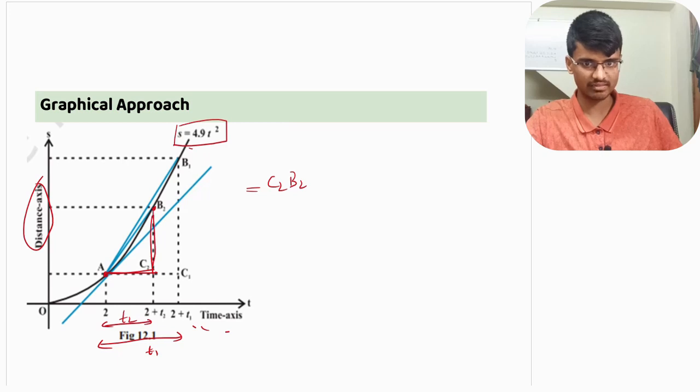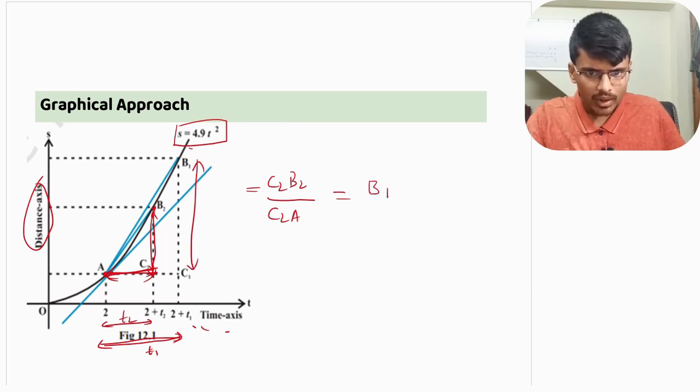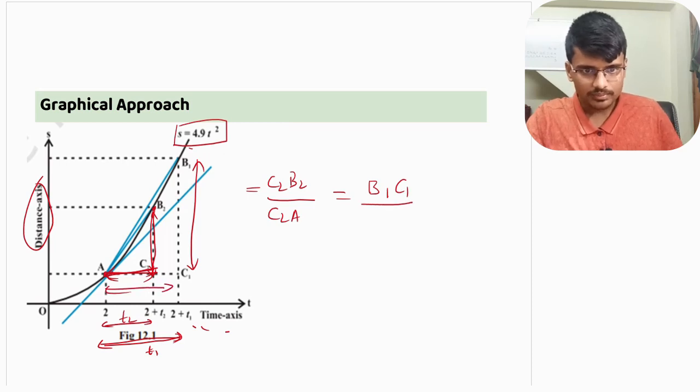This is the distance traveled between that interval, and the time interval is nothing but t2, that is a c2. Okay, similarly for this interval t1, same thing again, we'll be taking the distance traveled in that interval, that is b1 c1 divided by a c1.